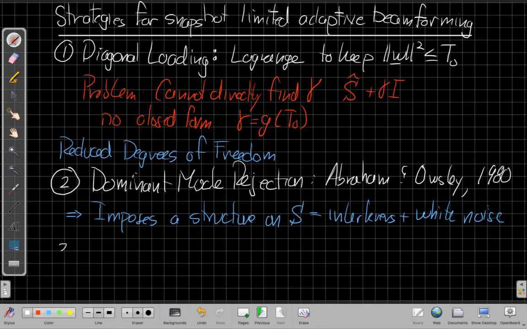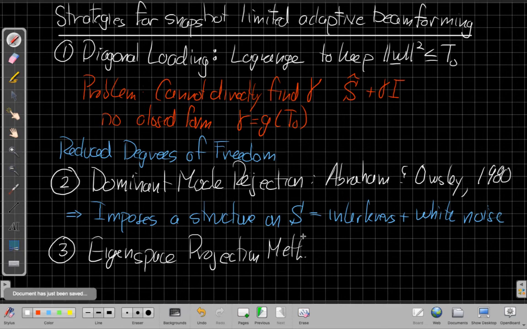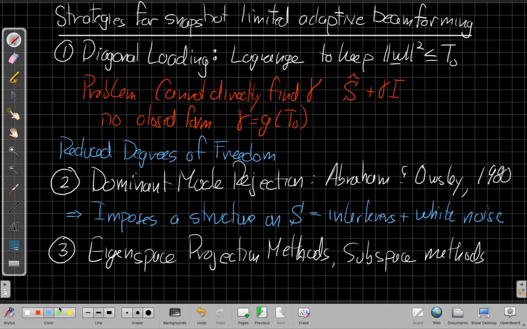The other one we'll talk about in class is sometimes known as eigenspace projection methods, or sometimes subspace methods. Similarly related ideas are sometimes called beam space methods. The key idea here is that you actually work in a lower dimensional space. In general, the array weights would be in an N-dimensional space, and here we say, I'm going to instead find some D-dimensional, lower dimensional space to work in.